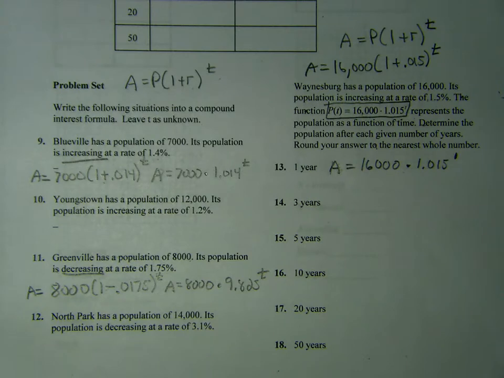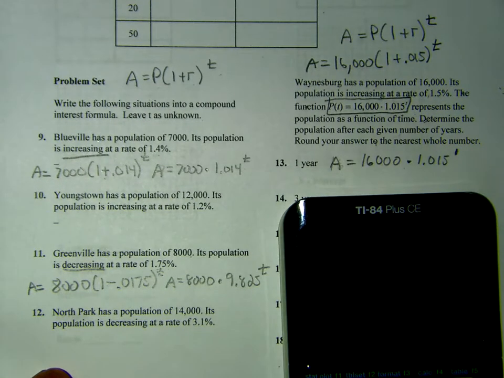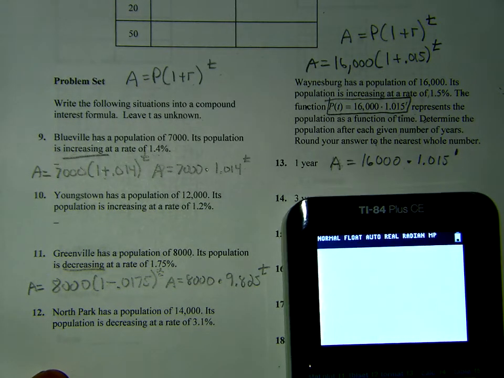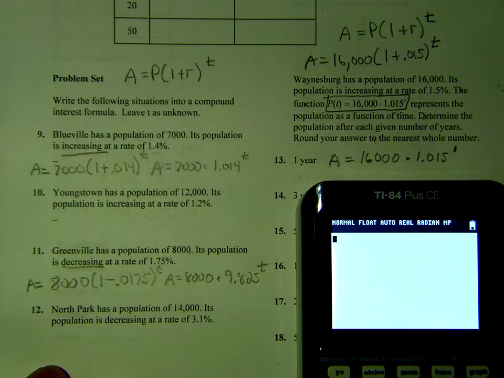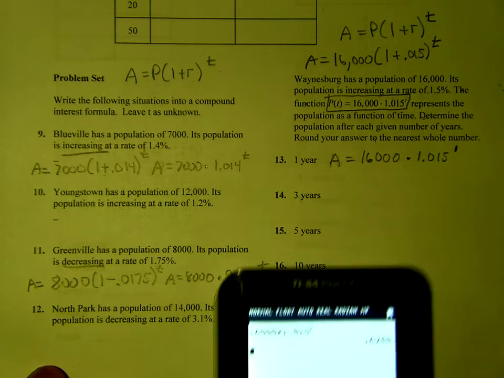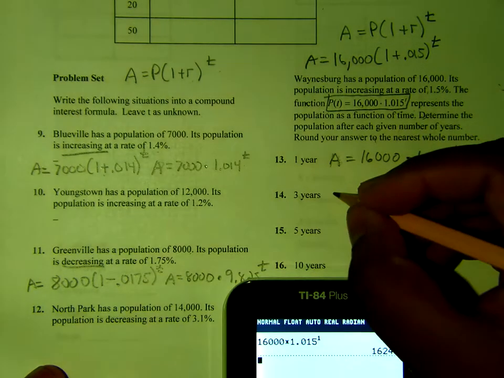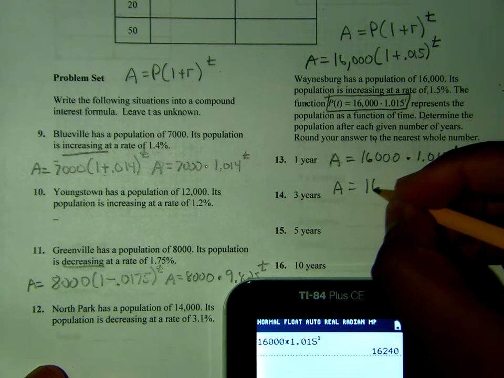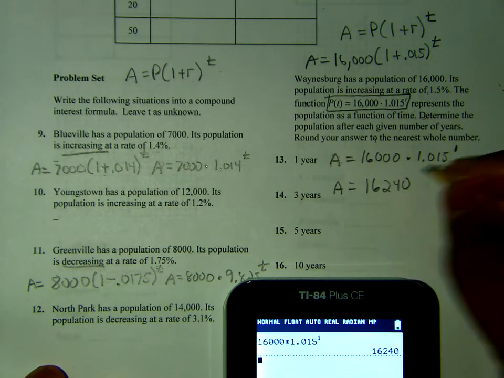You type that in the calculator: 16,000 times 1.015, raised to the 1. That's going to get you 16,240.